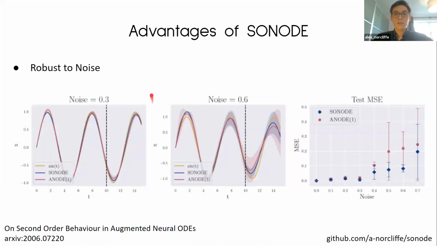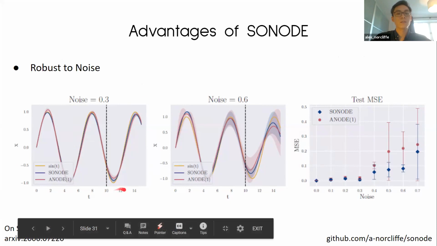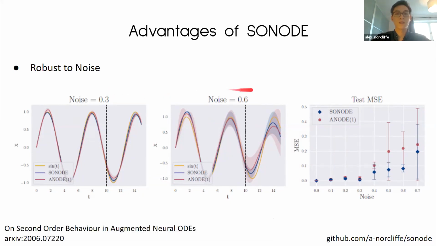We saw it was more robust to noise. So what we did was we trained these models on a sine curve from t equals 0 to t equals 10, and then we extrapolated from t equals 10 to t equals 15. And so we've got some figures here and it was given Gaussian noise centered on 0 with different standard deviations.